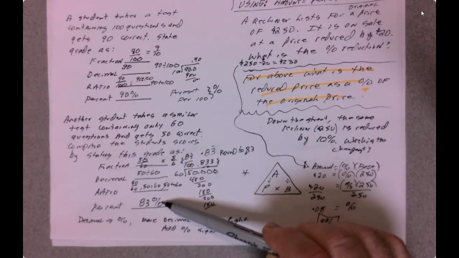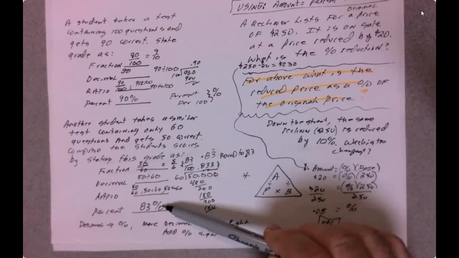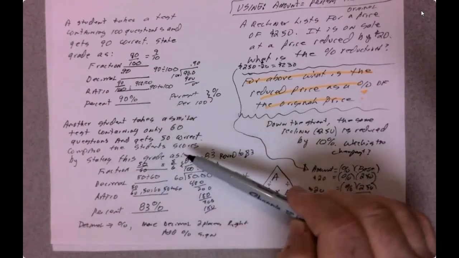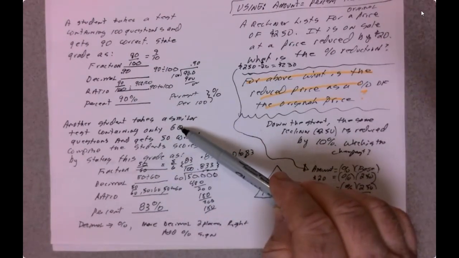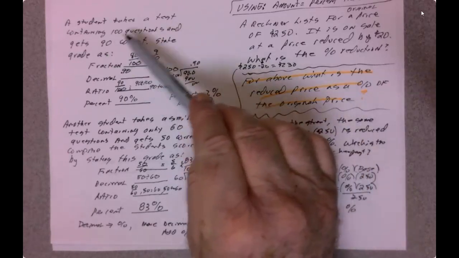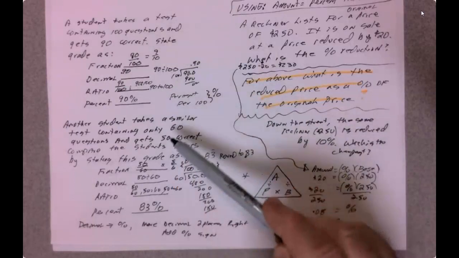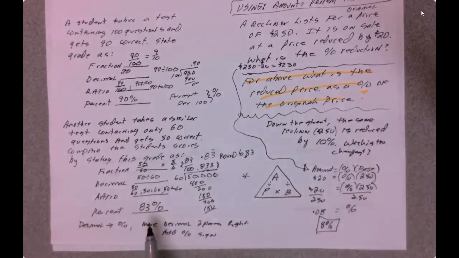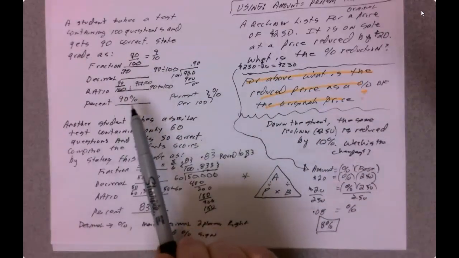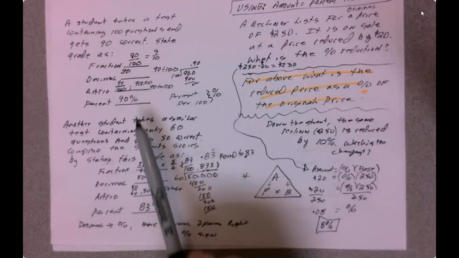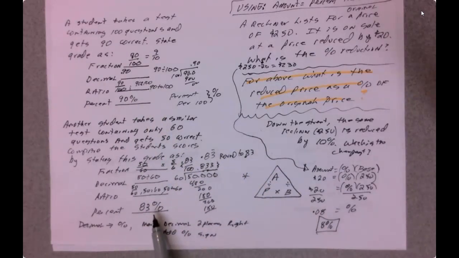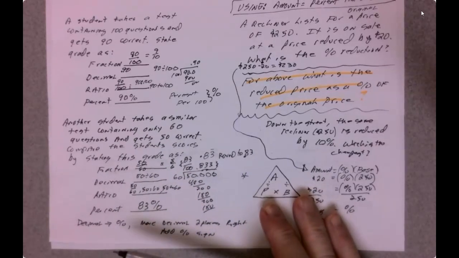We say, well, this person 83%, this person 90%, even though the base amounts were different, 60 here, 100 here, 90 correct, 50 correct. We will say that this person has a better percentile score, 90% compared to 83%. But now we have a way to compare these on a consistent basis.